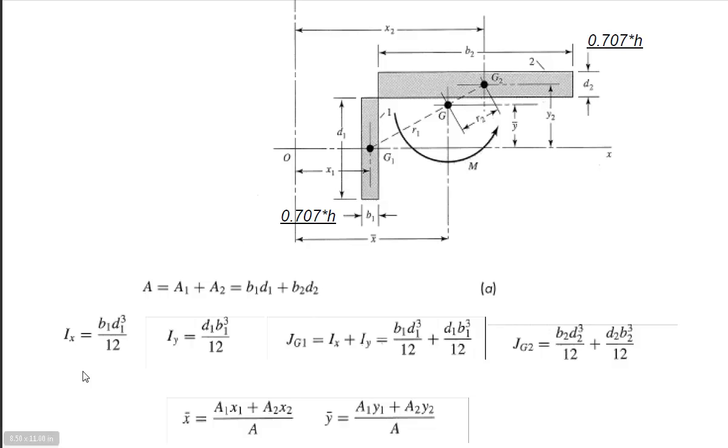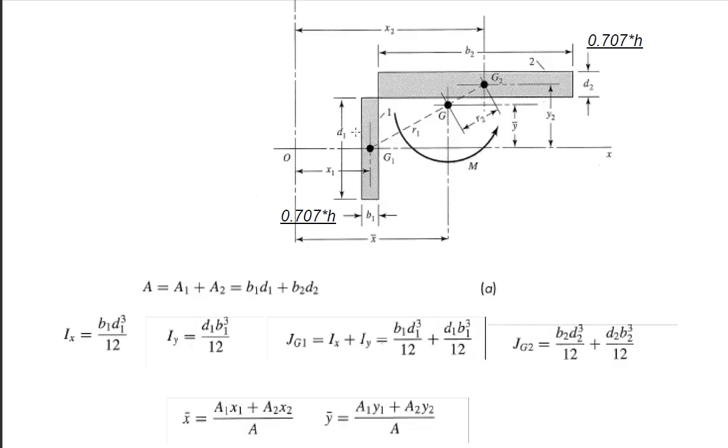And so if we want to calculate moment of inertia about the x, for this one it will be its b times d cubed over 12. For this one, its moment of inertia about the x will be different, where b in this case is 0.707H, so d b cubed over 12.